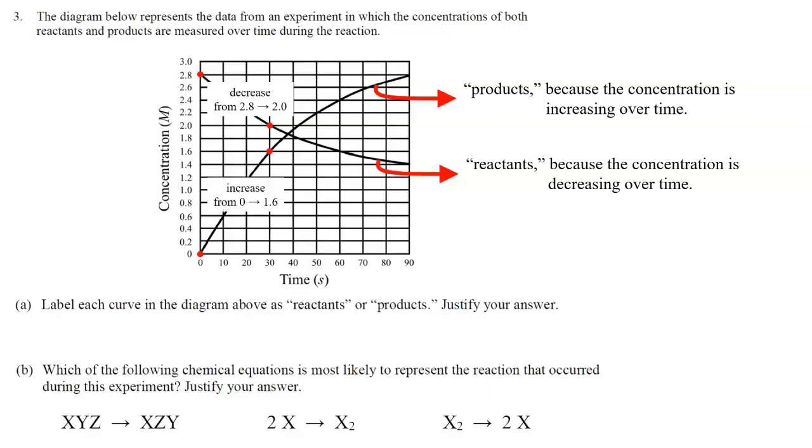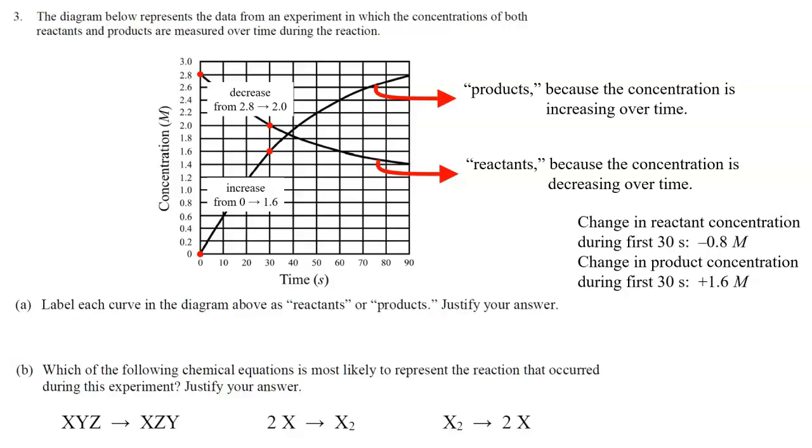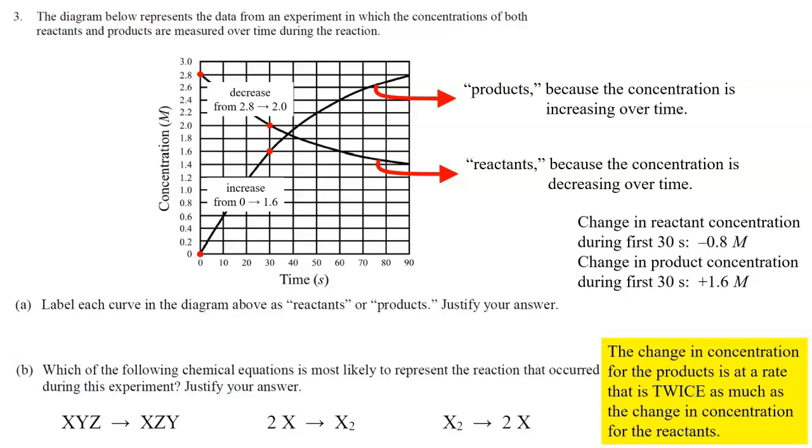So the magnitude of change for the product is actually twice as much as the magnitude of change for the reactant. And so when the change in concentration for the products happens to be in this graph twice as much as the change in concentration for the reactants, that was why I chose the reaction that I just circled on this slide, that for every 1 mole of the reactant, 2 moles of the product are produced.